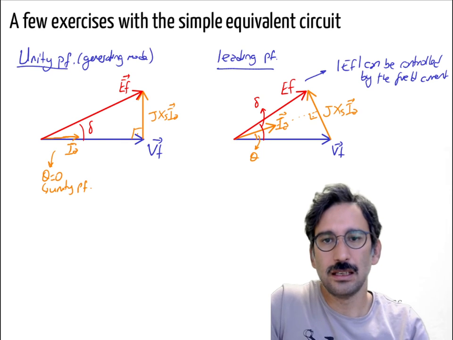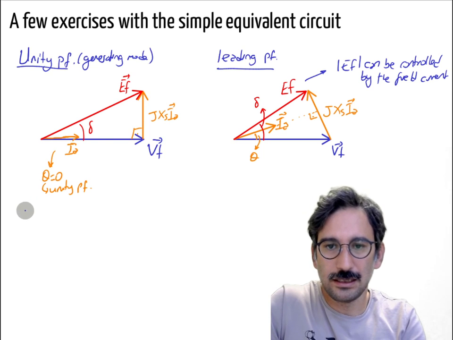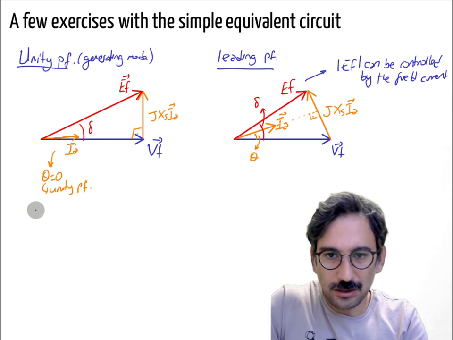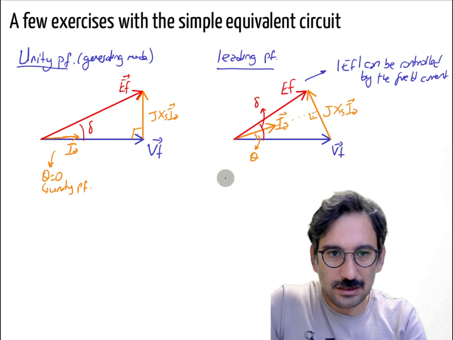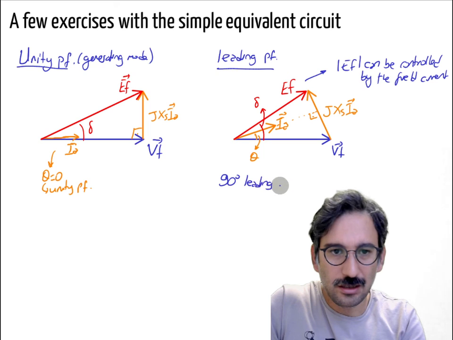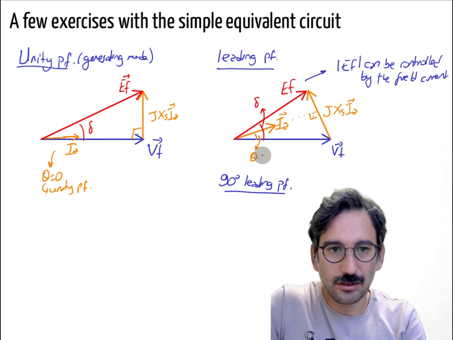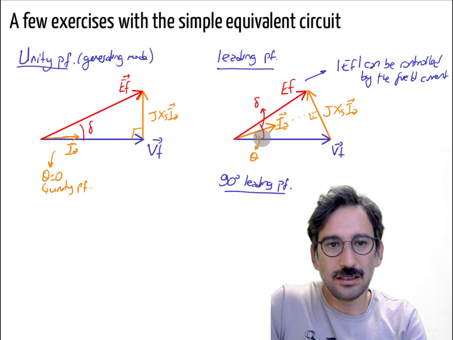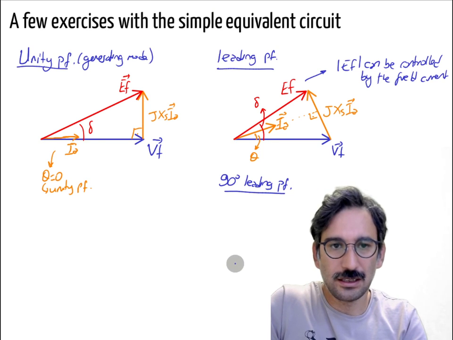So then let's look at the last case, an extreme case like 90 degrees leading power factor. Let's see what happens in this case, right? So again I am putting my VT here.